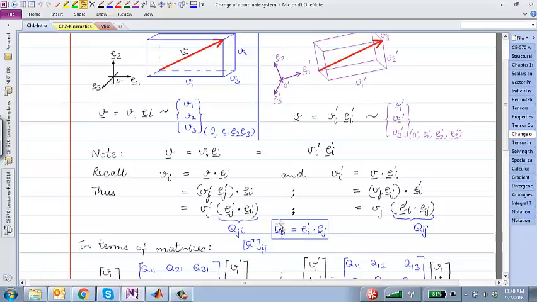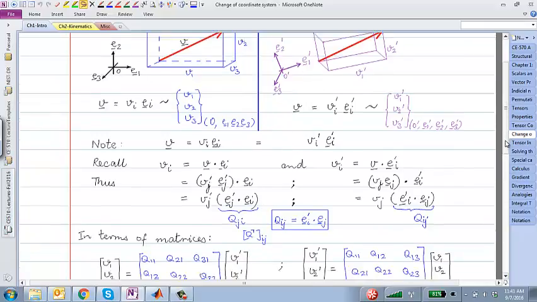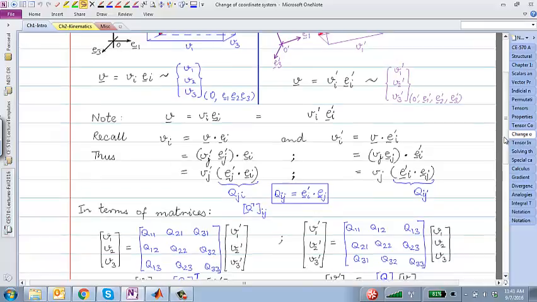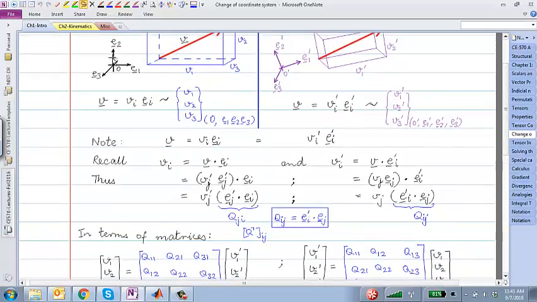So if I'm trying to find Q11, I will take E1 prime and dot that with E1. That would, in general, be a non-zero number between -1 and +1, right? That would be the cosine of the angle between E1 prime and E1. And similarly, you can come up with all the other 8, so a total of 9 values of the Q matrix, just by doing the dot product of the prime vectors with the unprimed vectors.